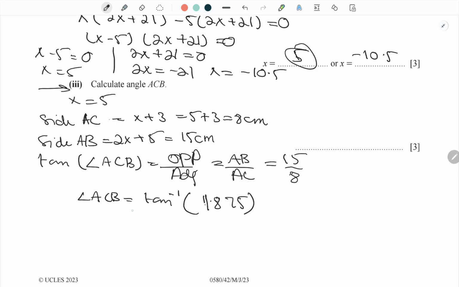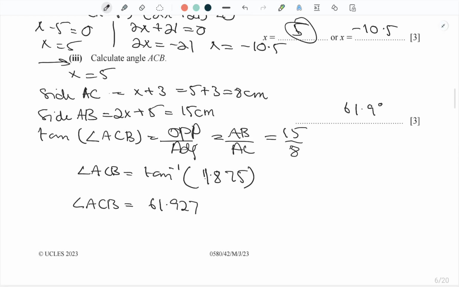So you just calculate tan inverse 1.875, and you get angle ACB equals 61.927, or you say it's 61.9 degrees to 1 decimal place. So this is the answer of the third question.